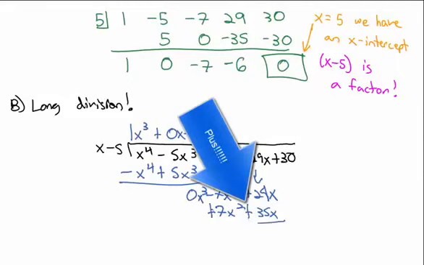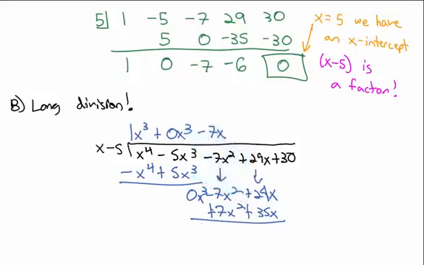Change the signs so that we can combine. Oops, I'm sorry, negative 7 times negative 5 should have been a positive 35x. So when we change the sign, we get 29 minus 35x, which is negative 6x. Bring down the plus 30. x goes into negative 6x, negative 6 times. So we've got negative 6x plus 30. Change the signs, and we get 0.